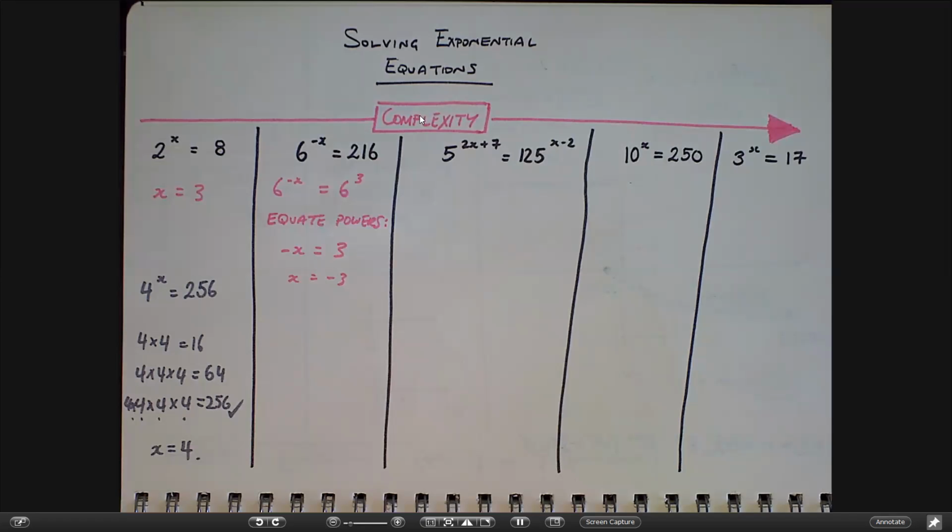Okay, we're going to use this equating powers trick again over here, but you'll notice there's a little bit of a problem, which is that now we have x's on both sides, but that's fine. We're going to use the same idea, which is to write both sides to the same power. So we're looking for a common factor between the bases on the two sides. In this case, 125 is 5 cubed.